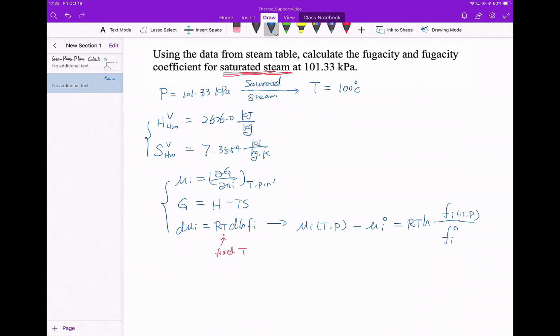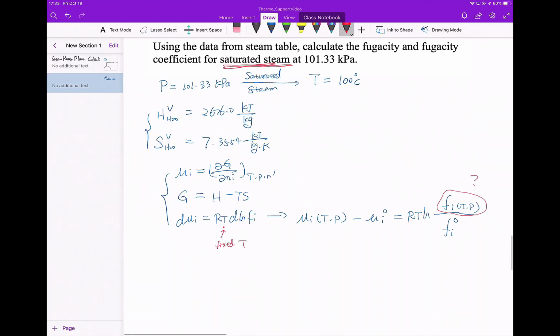Okay. So I want to calculate this. What is this value? In order to calculate that, I need to pick up, this is the core part, a reference.